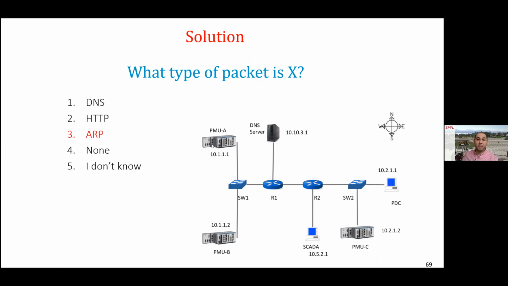So the first thing it needs to do is send an ARP request on the local area network, asking who has the IP address of the router. Then the router will hear it and reply with its MAC address. So the first packet that we can see on the network is the ARP request.